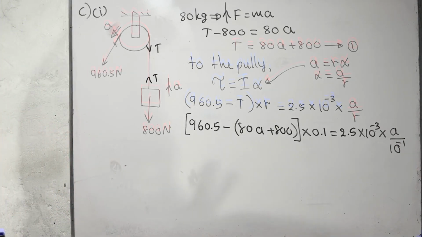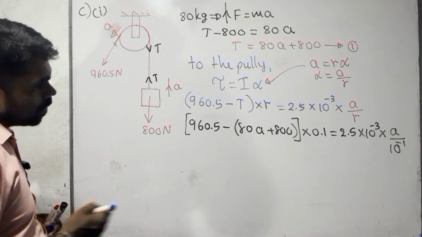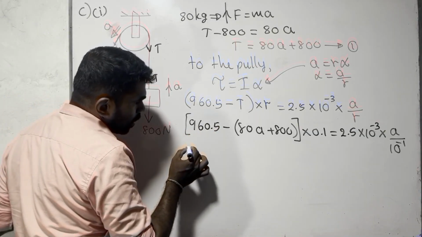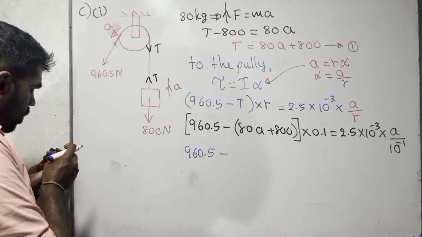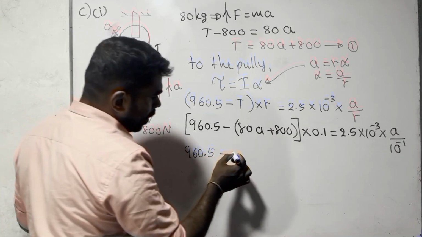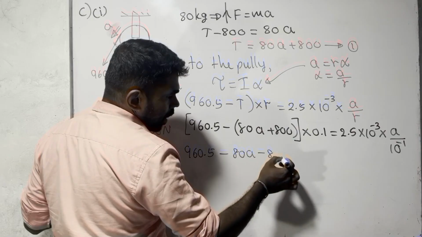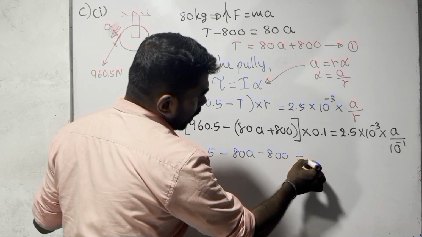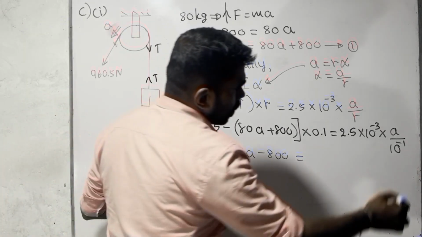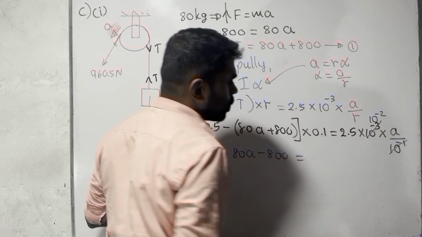Now we can solve this equation and find the value of A. 960.5 minus 80A minus 800 should be equal to, we can simplify 10 to the power minus 1 and 10 to the power minus 2.